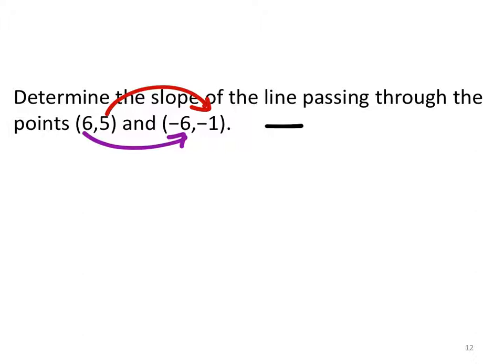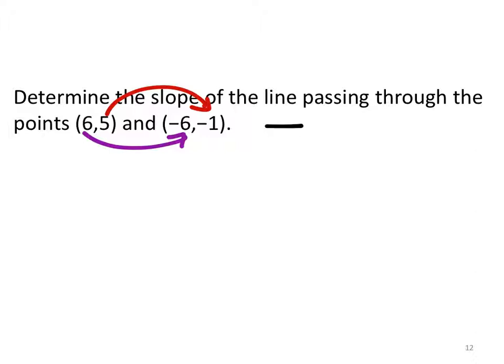The reason I do this is because the difference in the y values will be in the numerator, and the difference in the x values will be in the denominator. Now, this is essentially the same thing, but it kind of skips a step, and I think it's a little bit prettier. See how I have that arrow as well? The arrows always have to be pointing in the same direction. For me, that's always going to be to the right.